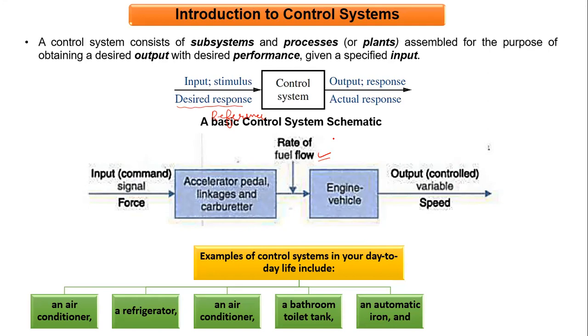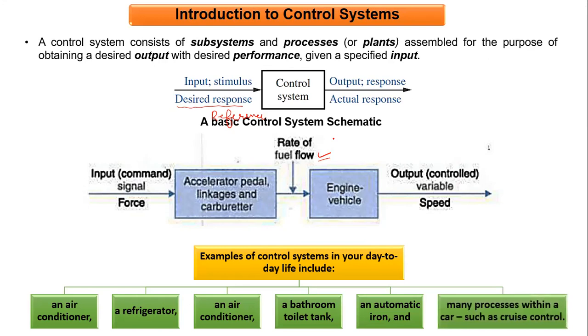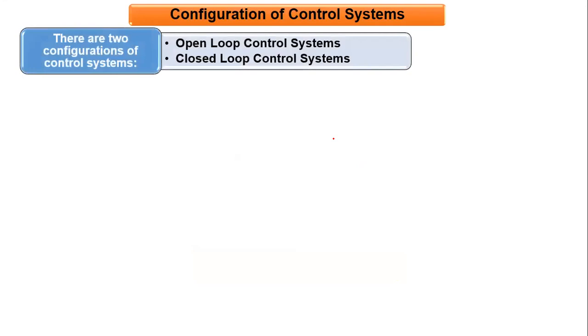In this way it is turned on and off, so we generally call it on-off control. This is an on-off control example. Many cars also have a cruise control mechanism, so they are examples of control systems which we use in our daily life.